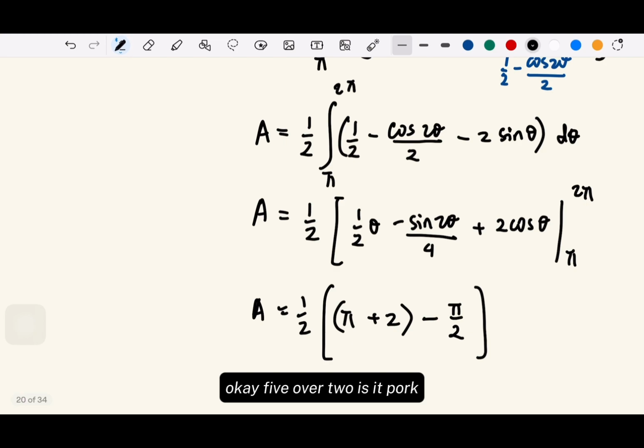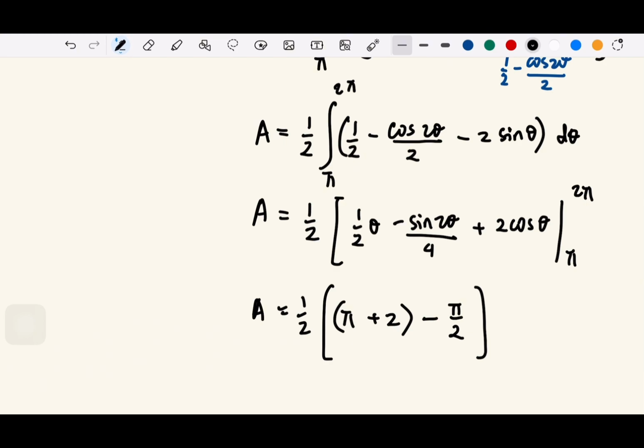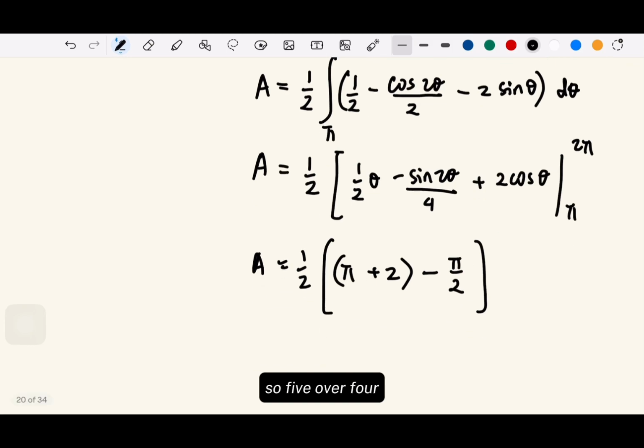Okay, pi over 2. Is it correct? Put 2 pi, yeah, pi over 2, so pi over 4 plus 2, right?